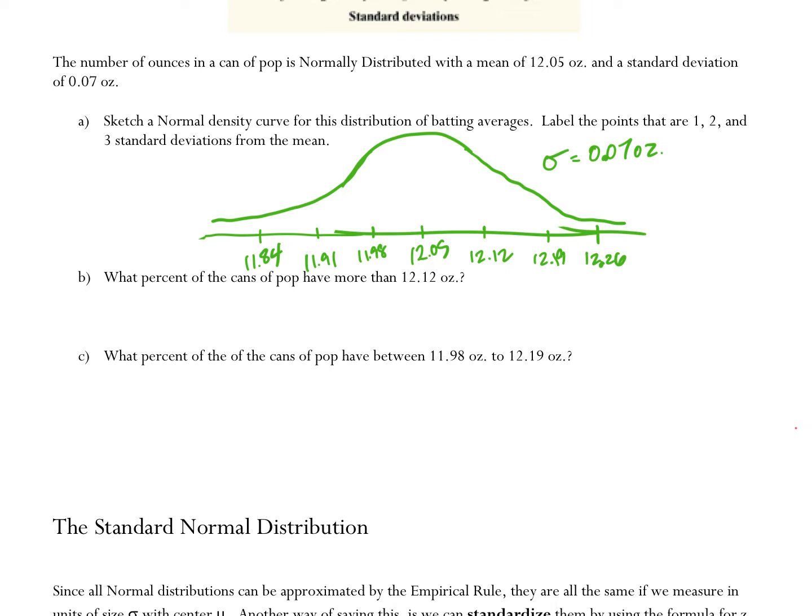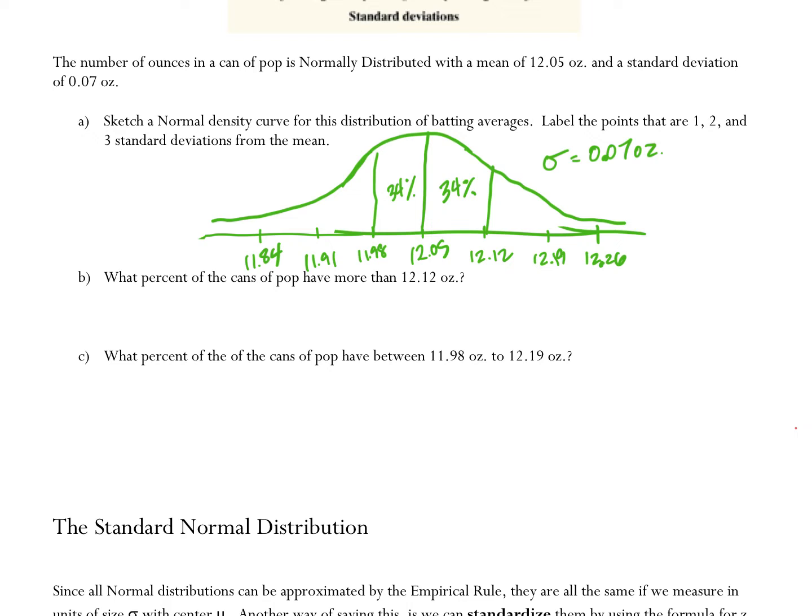Right? And so, guys, if I asked you what percent of the points are in this section, right here, in between that, what would you say? Not 68, 34. Because it's only half, right? And then from here to here, that would be 34 as well.